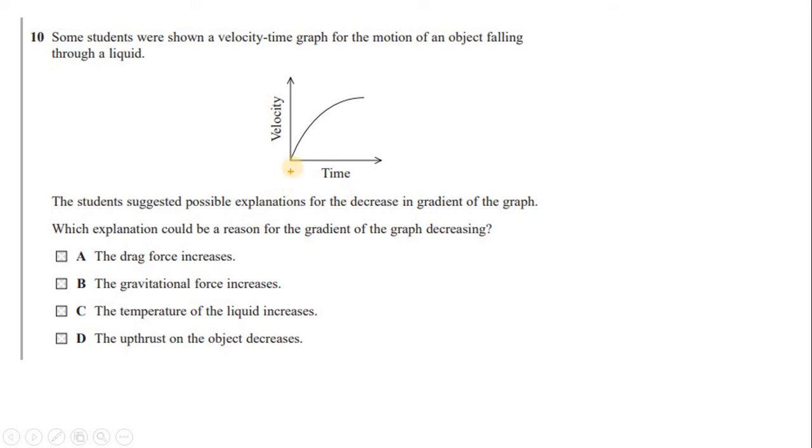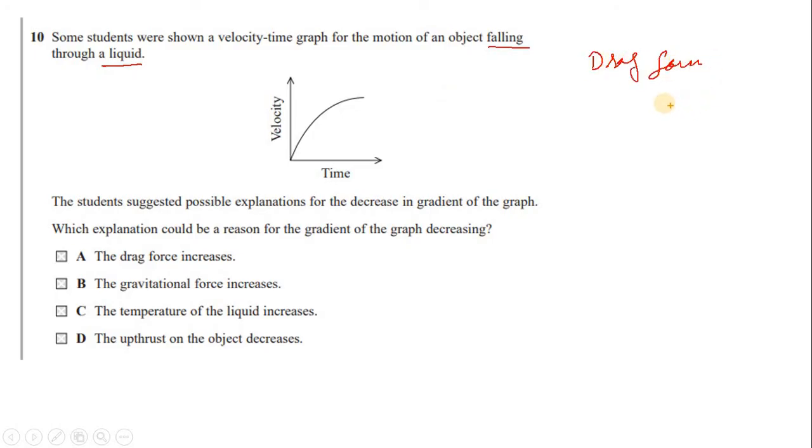So if you see the gradient of the graph is decreasing, that means it has some acceleration, and for an object falling through a liquid, velocity is not constant. So the reason is the drag force.